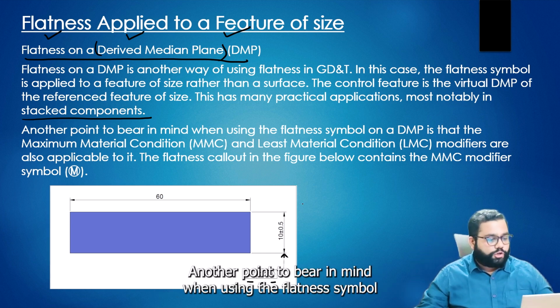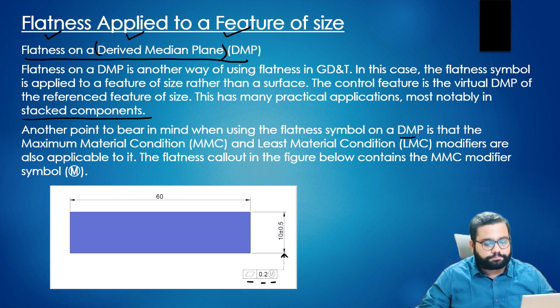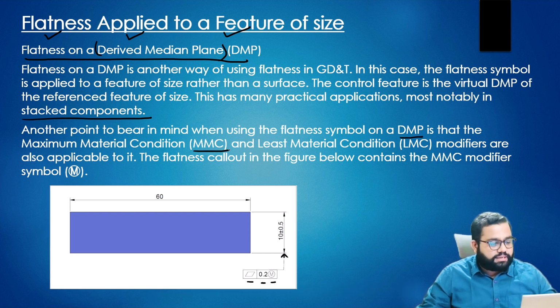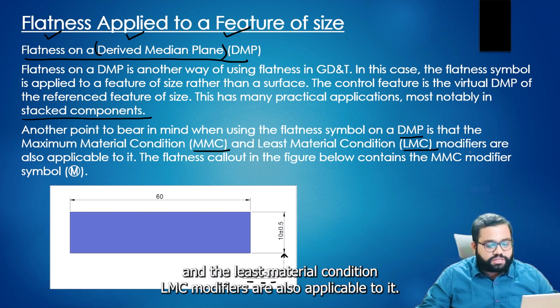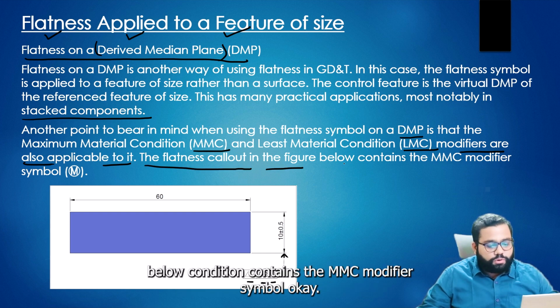Another point to bear in mind when using flatness on a derived median plane is that the maximum material condition (MMC) and least material condition (LMC) modifiers are also applicable to it. The flatness callout in the figure below contains the MMC modifier symbol.